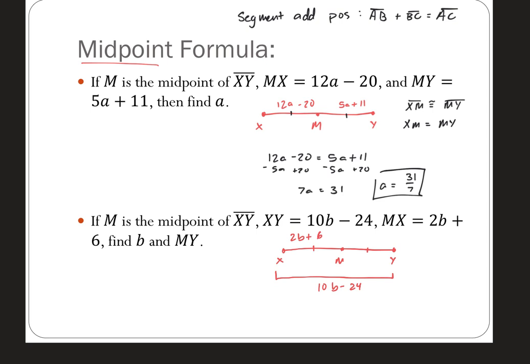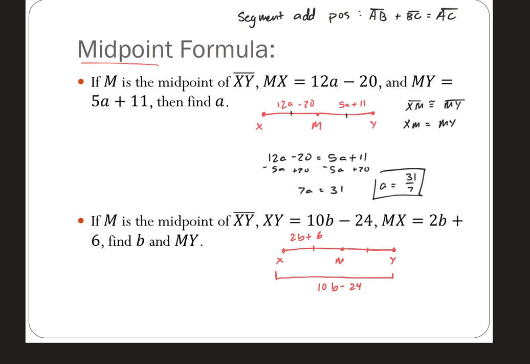Now again, segment addition postulate states that piece plus piece equals the whole. This one's nice. It gave us the whole, but now I don't have both pieces. Again, go back to the definition of midpoint. Midpoint means that these two segments are equal, which means that XM is still equal to segment MY.